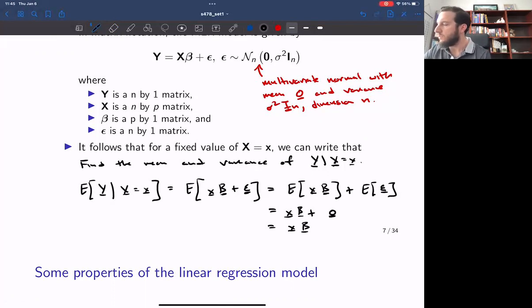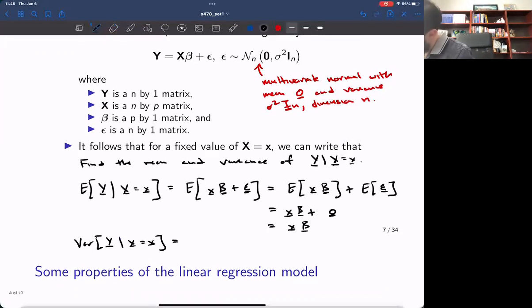We can do a similar thing with the variance, right? So for example, if we wanted to find the variance of y, then we can say variance of x beta plus epsilon.